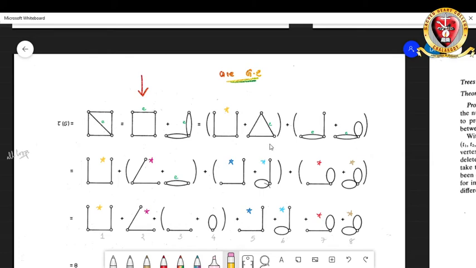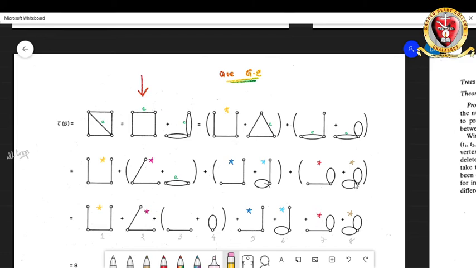And for here also, if you are choosing one of the edges, suppose you are choosing this edge, then if you're choosing G minus E, you'll get a disconnection. So you keep it like that. You are not changing it. Here also, you are not changing, because if we are choosing this edge, then a disconnection is possible. So you keep it like that.